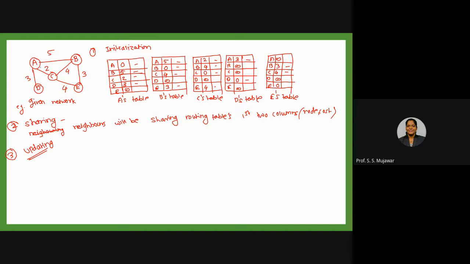So after calculating that table, A is going to compare with its own initialized table. This is the table it calculated earlier, and when C's table comes, it will calculate the new one, and then it is going to compare. In the comparison, whoever has the shortest value will be chosen as the final value. Okay, now let us calculate. Now consider A has received the table from C. Only 2 columns will be there.